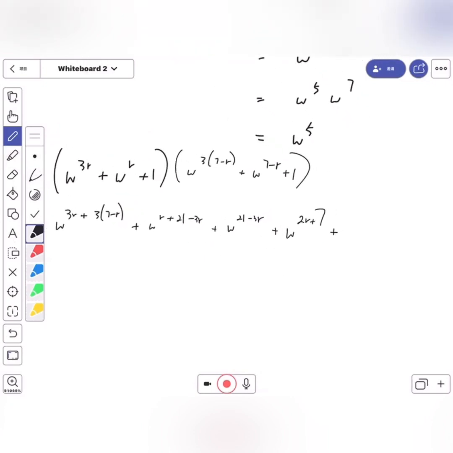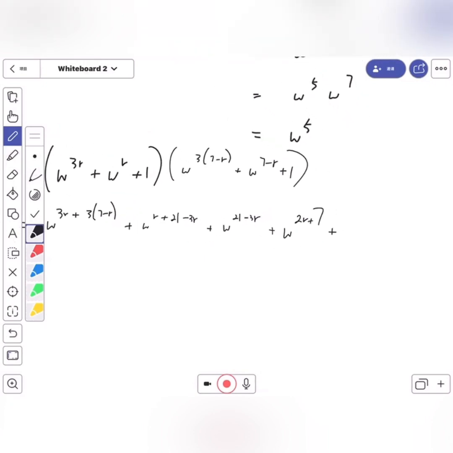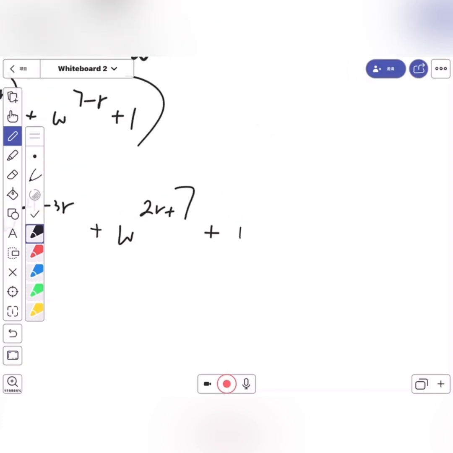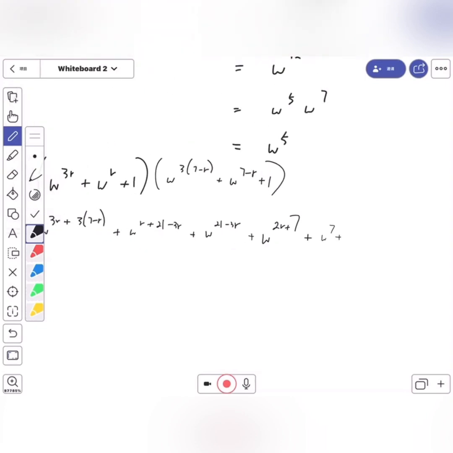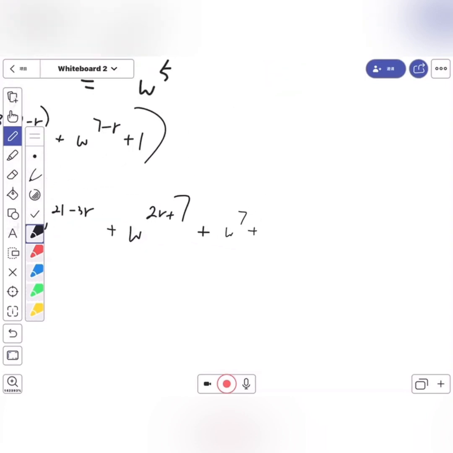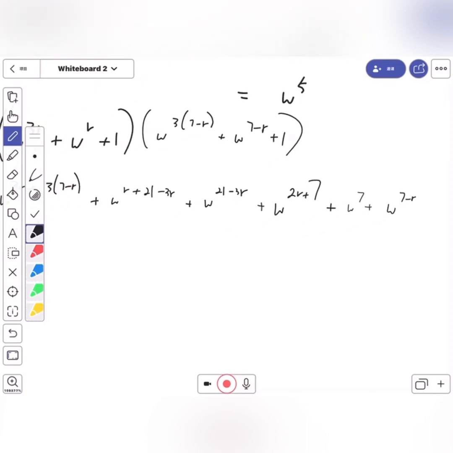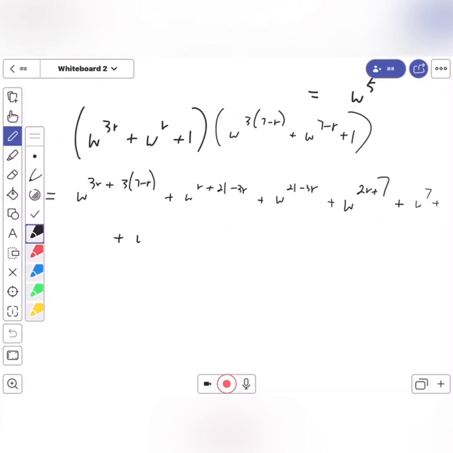And then plus omega to the 7, plus omega to the 7 minus r. Then we plus, at the end, omega to the 3 times 7 minus r, and then plus, actually no, omega to the 3r, then plus omega to the r plus 1.